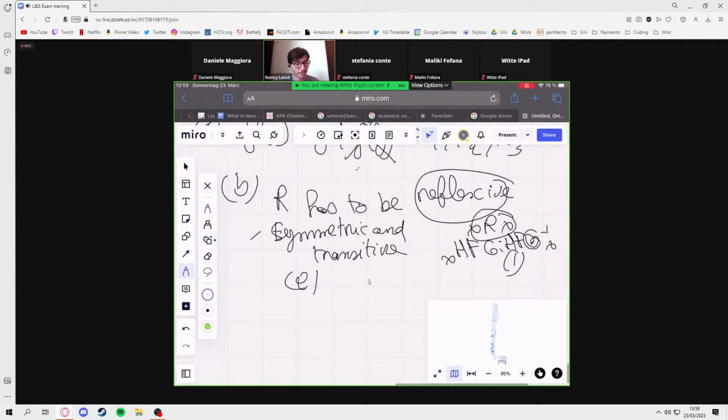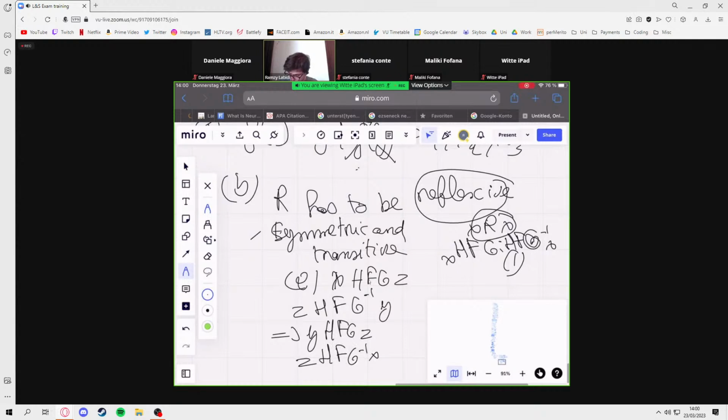Then by the definition of the relation, we know there exists a grade Z such that X has final grade Z, and Z is final grade complement Y. Then we also have Y has final grade Z and Z has final grade complement of X. Therefore, Y R X, because has final grade is symmetric. It goes both ways. And this is 2.